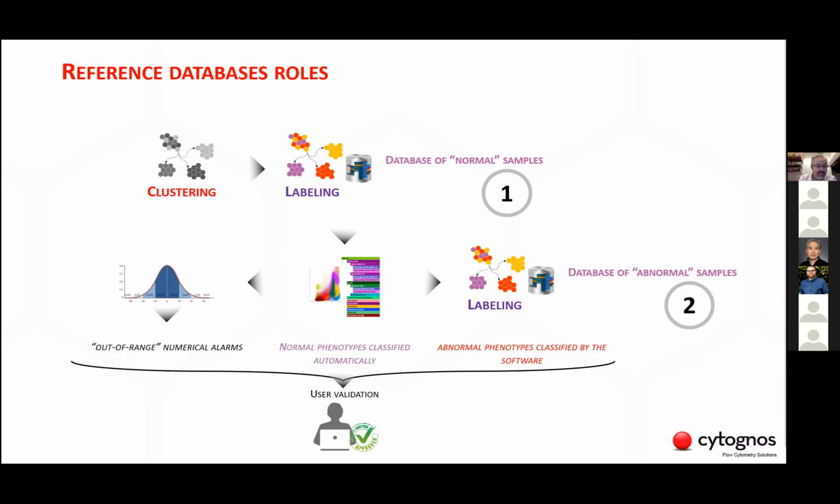So if we have a database of normal peripheral blood and then a database with clonal B cells from CLL, from follicular lymphoma, whatever we have in our software, we can do this tandem analysis. And this approach of using blind clustering followed by a supervised labeling with reference databases has been implemented in Infinisight for clinical applications.